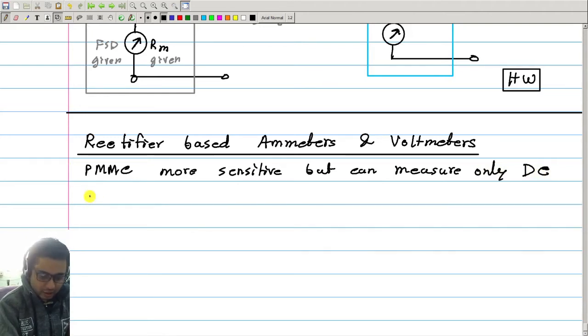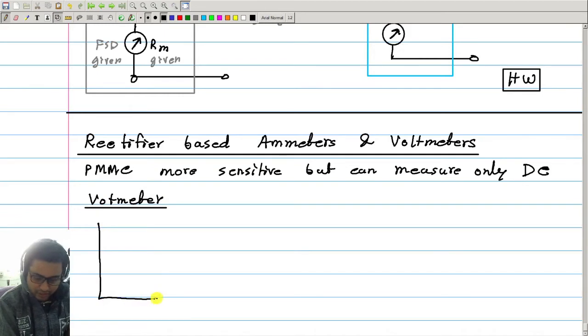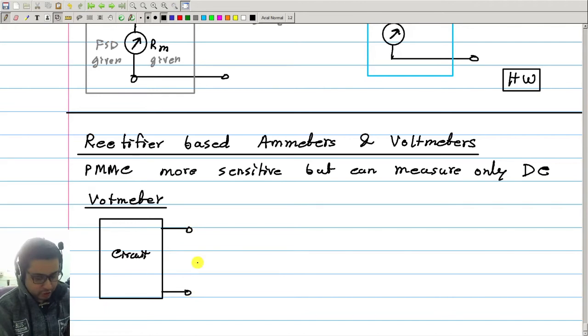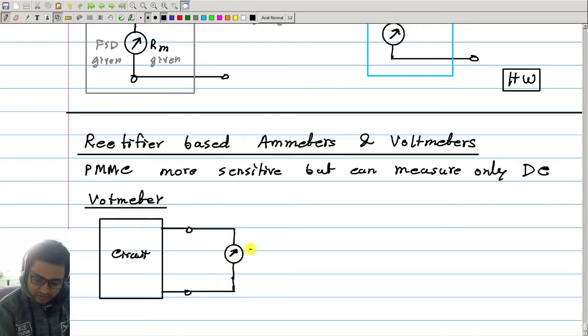With that in mind, let us draw some rectifier based voltmeters and ammeters. So first, voltmeter. Suppose this is a circuit and there are two terminals between which I want to measure the voltage. So I have to connect a meter here. If I connect a PMMC meter, and if this is an AC circuit, if this voltage is purely AC, then sometimes voltage is positive, sometimes negative, current flows in the opposite direction.